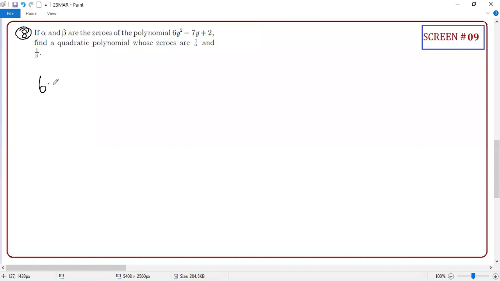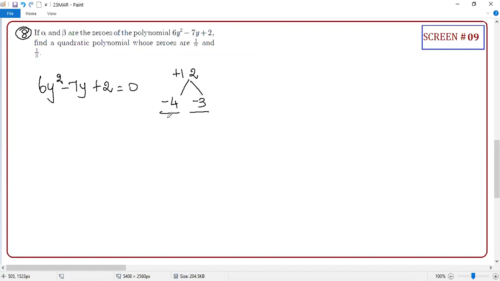So first thing is whether you are able to find alpha and beta. What are the two numbers? 4 and 3, but both are minus.